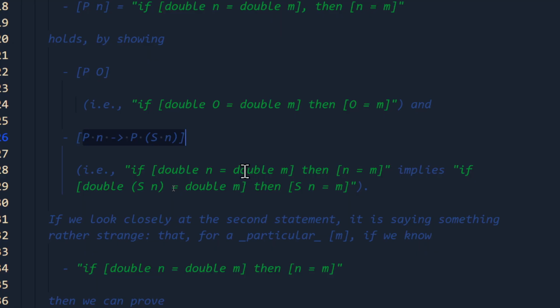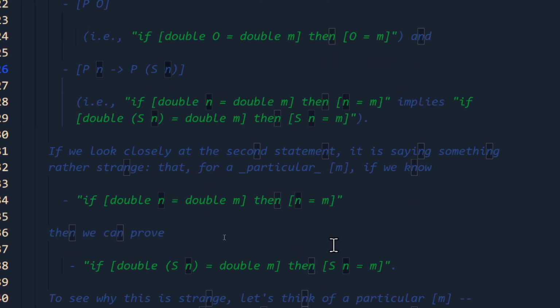If double n equals double m, then n equals m implies if double the successor of n is equal to double m, then the successor of n is equal to m. And then the point is that we have the same m in both cases. So we would be asserting that both n and the successor of n are equal to m.